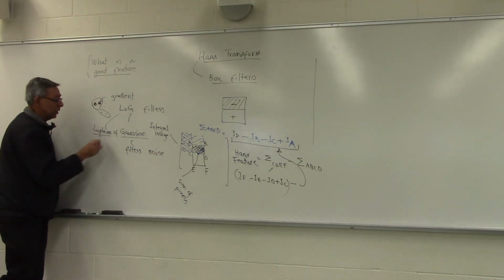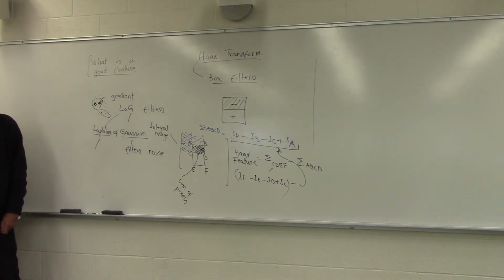Hey, what does the Laplacian do? Was it a first order derivative filter, or a second order derivative filter? Second order, right? So it basically magnifies anytime there's a change, it will enhance it even further.